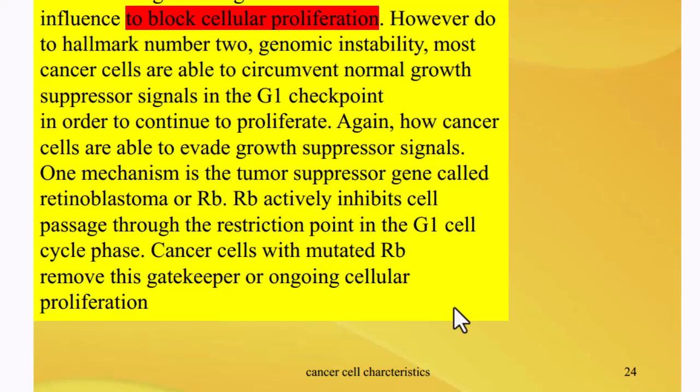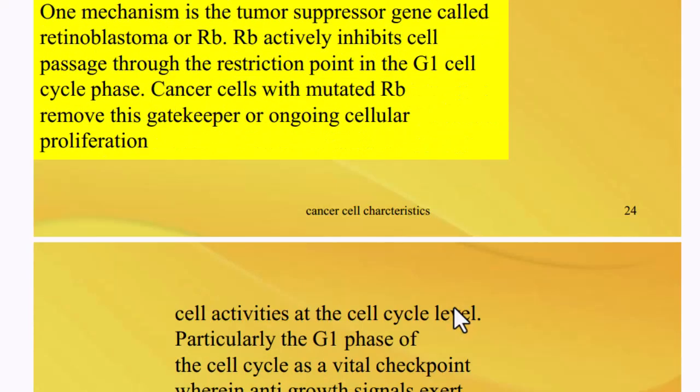How are cancer cells able to evade growth suppressor signals? One mechanism involves the tumor suppressor gene called retinoblastoma, RB, which actively inhibits cell passage through the restriction point in G1. Cancer cells with mutated RB remove this gatekeeper for ongoing cellular proliferation.